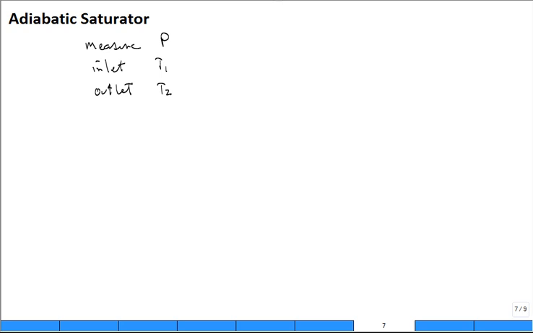If you just know those 3 pieces of information and you know that it's doing a certain job, it's an adiabatic saturator, and I think both of those words you can piece through in your mind to figure out what this device is going to do. You can go back and infer the amount of moisture in the inlet air, either the humidity ratio or the relative humidity of the moist air coming in.